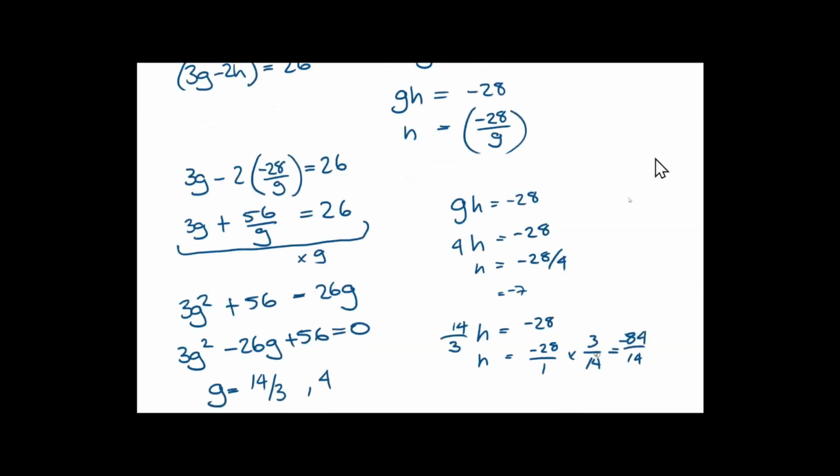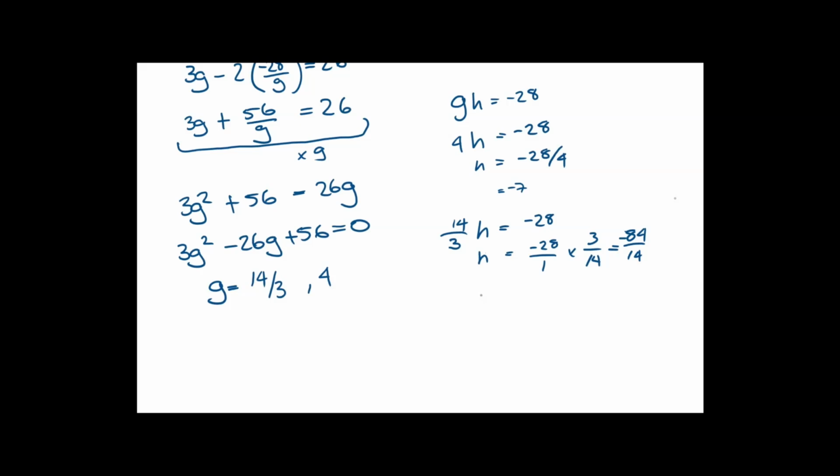Yes, it does: negative 6. So h equals negative 6. So the answers that we have: g can be 14 over 3 or 4, and h can be negative 6 or negative 7. That's that. Oh, thank goodness.